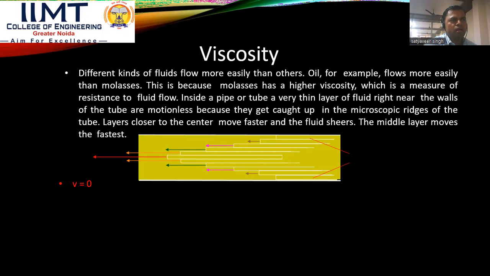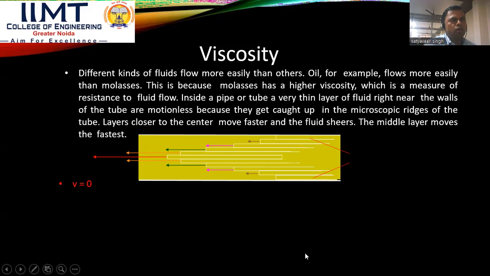Inside a pipe or a tube, a very thin layer of fluid right near the walls is motionless because it gets caught up in the microscopic ridges of the tube. Layers closer to the center move faster in fluid shear, and the middle layer moves the fastest. So this is basically a graphical representation of viscosity.